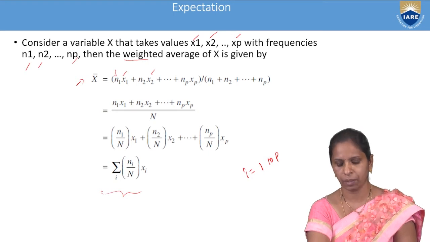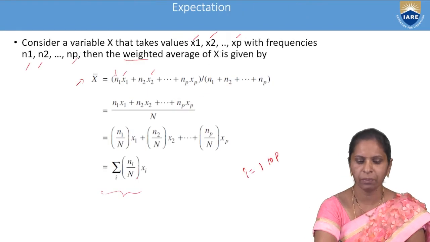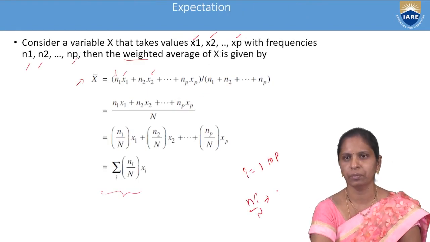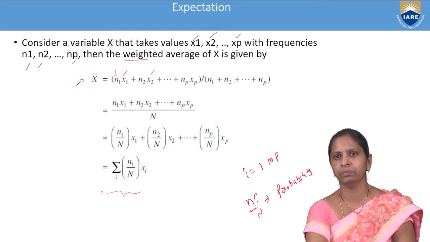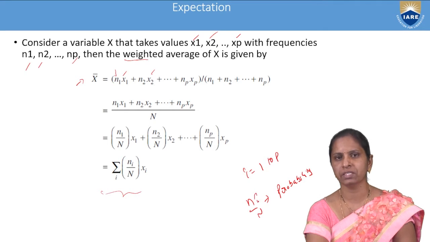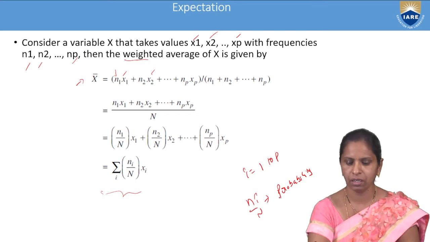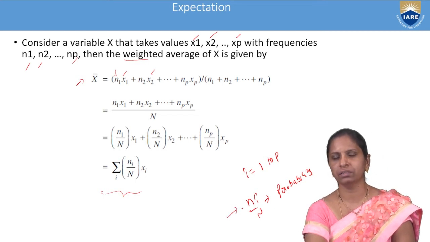Now the same thing I am applying for random variable. When you go for random variable, the term ni by n is called as probability. Because we have seen the definition of probability based on the relative frequency approach. So this is the number of times the event has occurred by total number of times the event has happened.